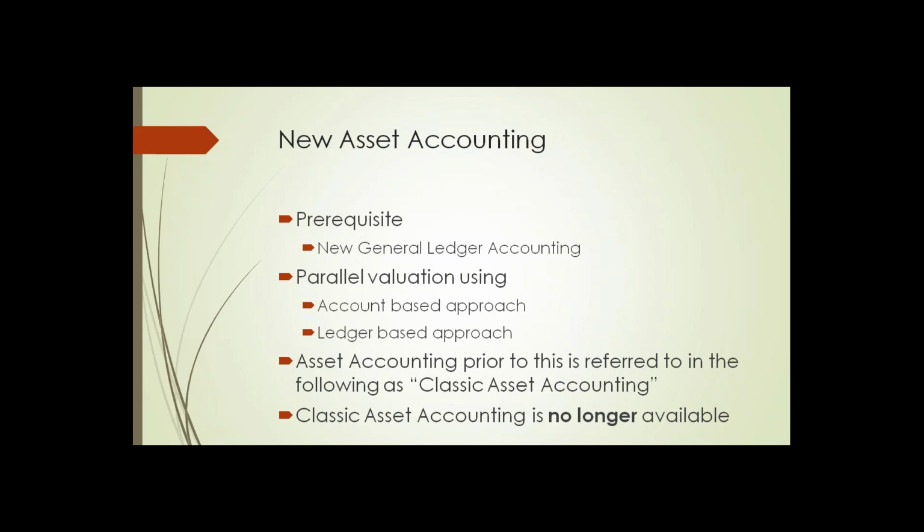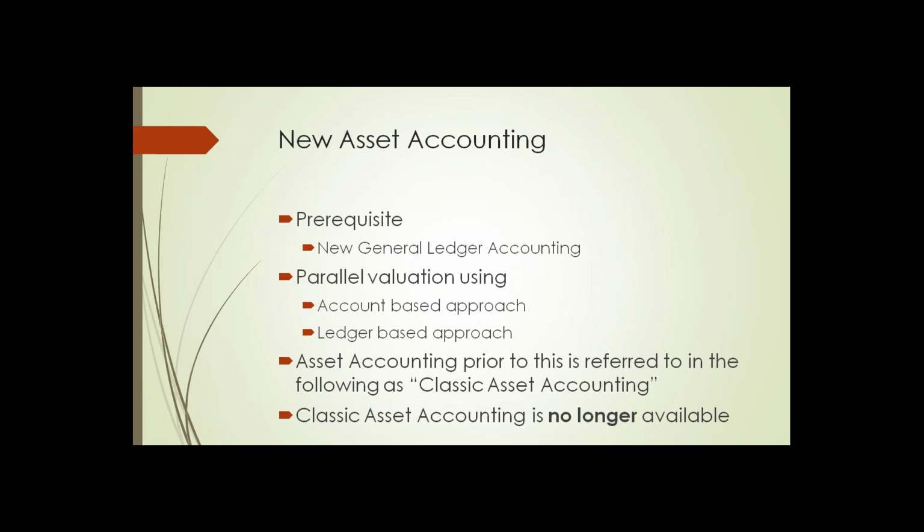So if you want to move to new asset accounting, what are the prerequisites? Obviously, because new asset accounting is available on the new GL accounting, if you are currently using classical GL accounting, then you cannot move to new asset accounting.